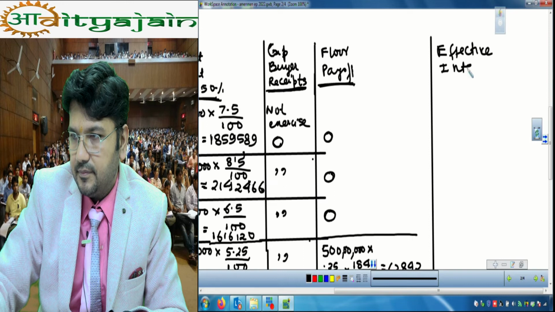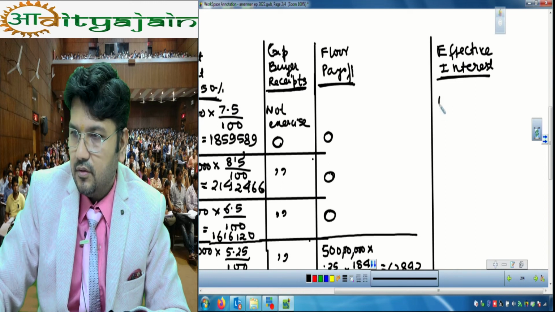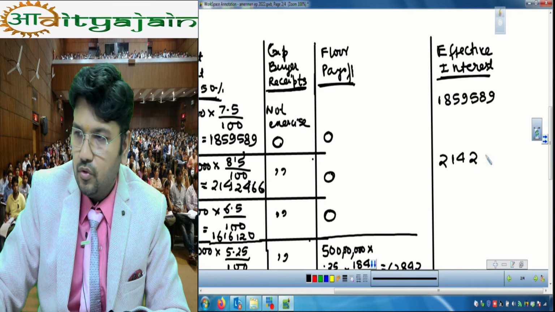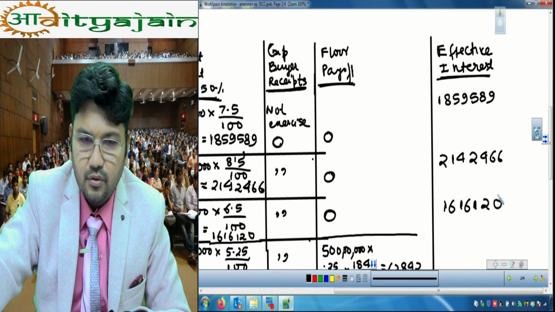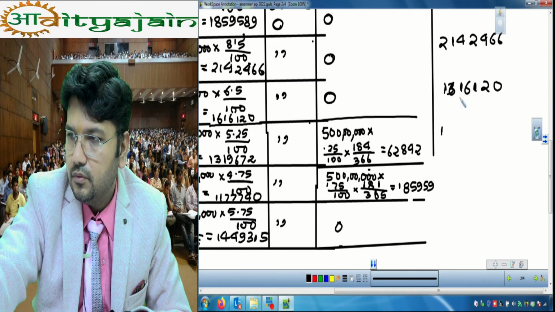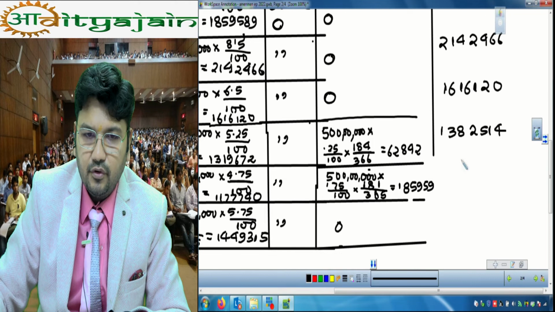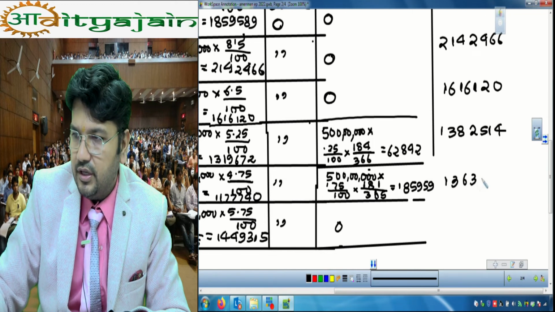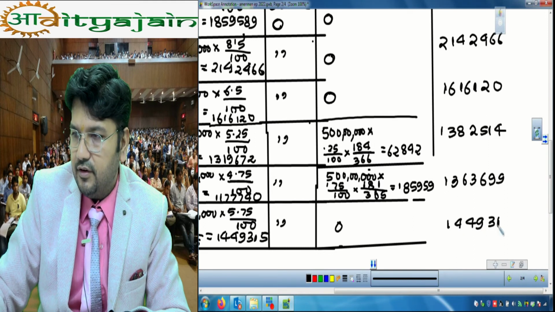Effective interest will be 1859589, 2142466, 1616120, 1382514, 1363699, 1449315.